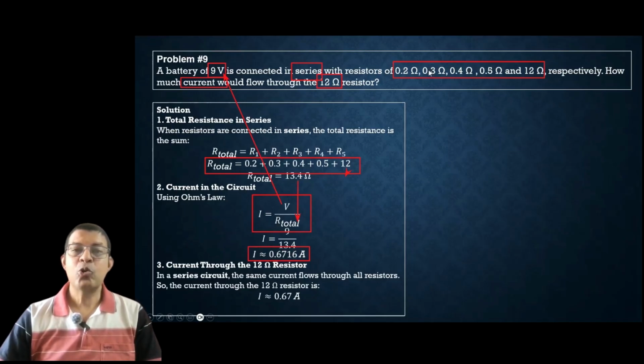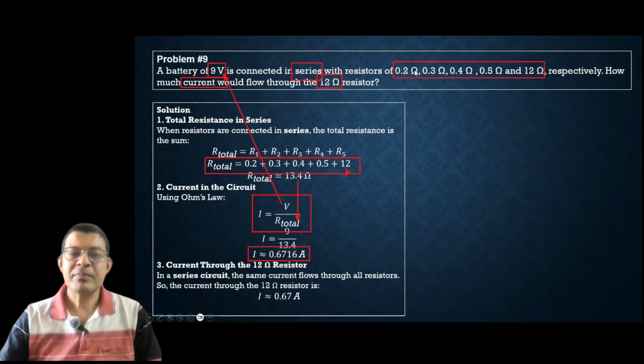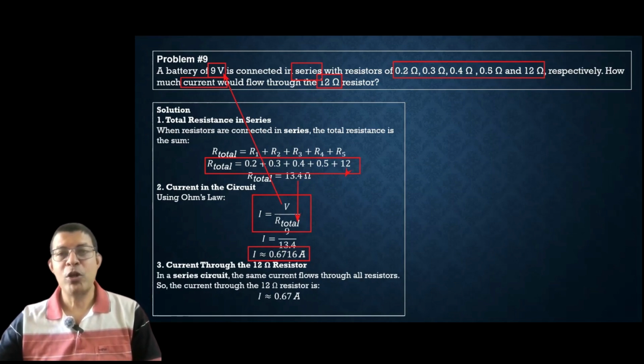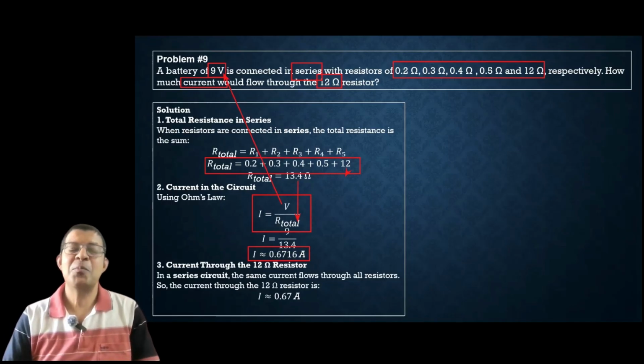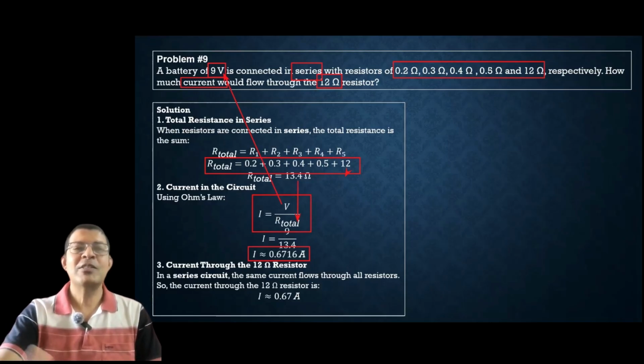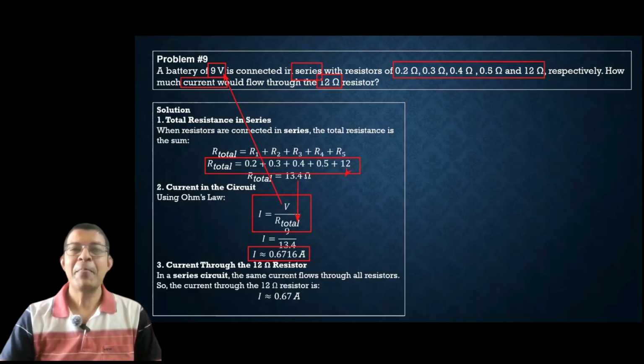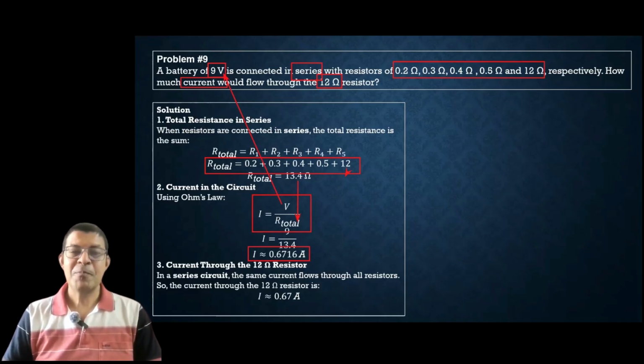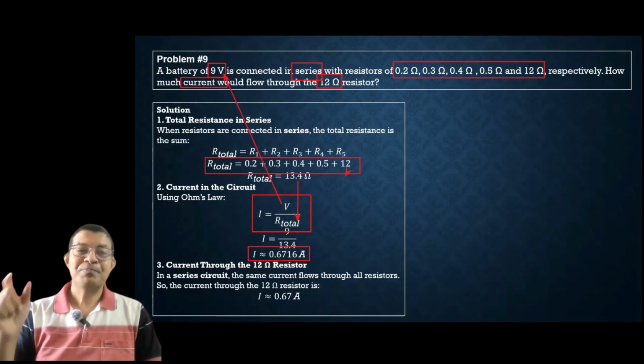Now what will be the current to 0.2 ohm? Same. It will be the same current to 0.2 ohm, whether it is 0.3 ohm, 0.4 or 0.5, or if you connect another resistance in series, it will be the same current. If the problem is stated like I'll connect another unknown resistance in the series combination, what will be the current in the unknown resistance later on?